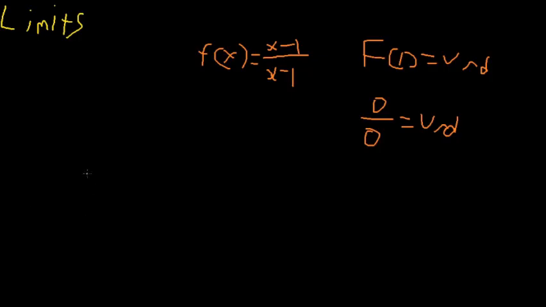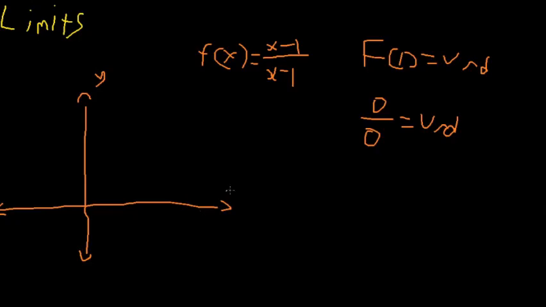What if we want to find what the value could be if this weren't undefined? Let's make a graph. This is y, that's x, and let's say this here is 1, and we have the function f of x going through there.